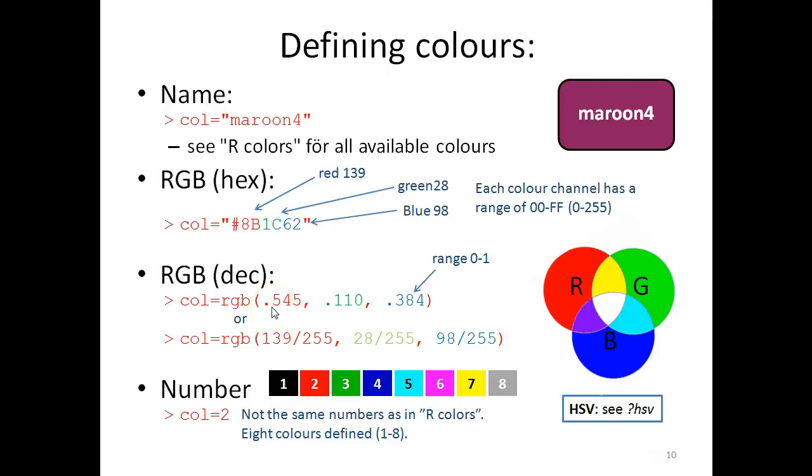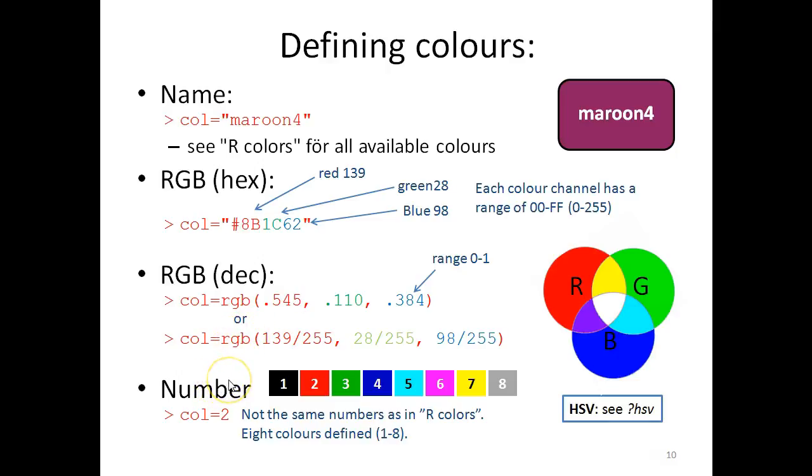So 0 is in this channel no red color at all, while 1 would mean maximum amount of red, and the same for green and blue. So 0.545 is somewhere in between, and this would also be the color maroon 4. Usually you get the color codes like this, and if you want to enter them that way, you can simply divide everything by 255 and use the rgb command.